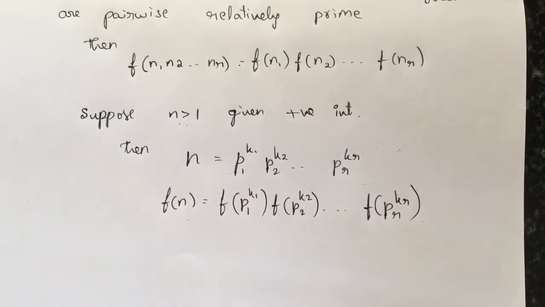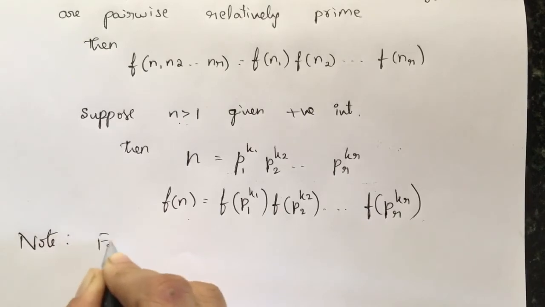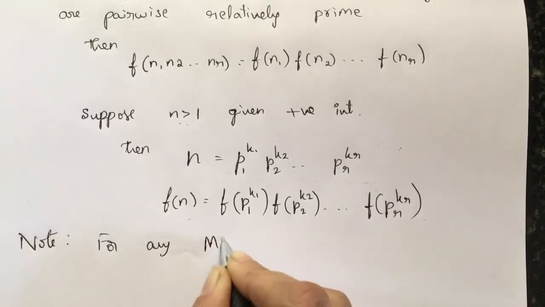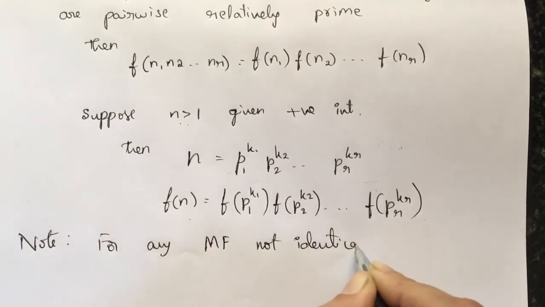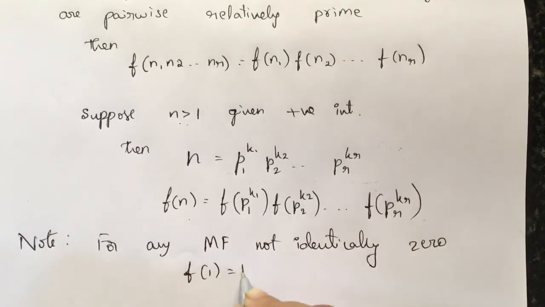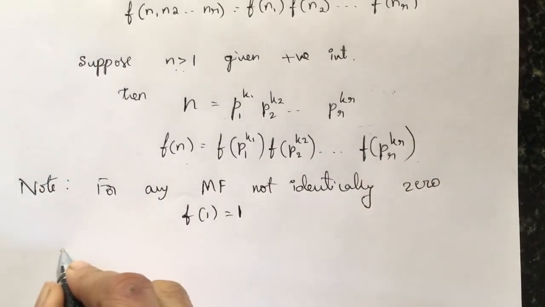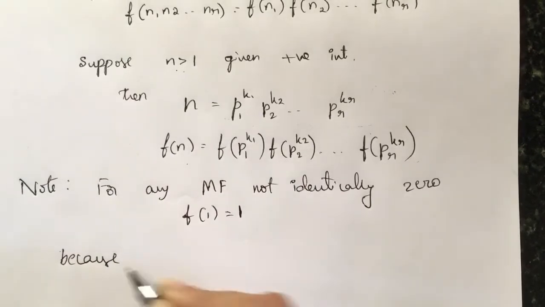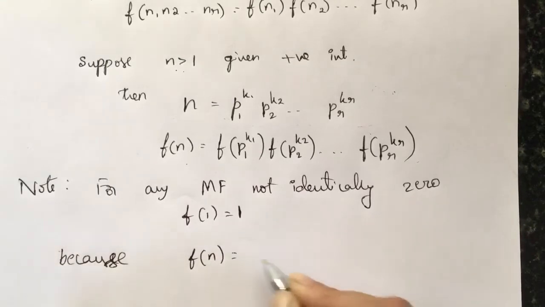You note one thing: for any multiplicative function not identically 0, f of 1 is 1. Because we can check it out. f of n can be written as f of n into 1.